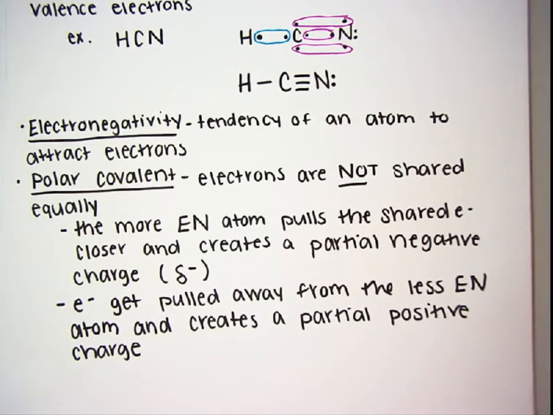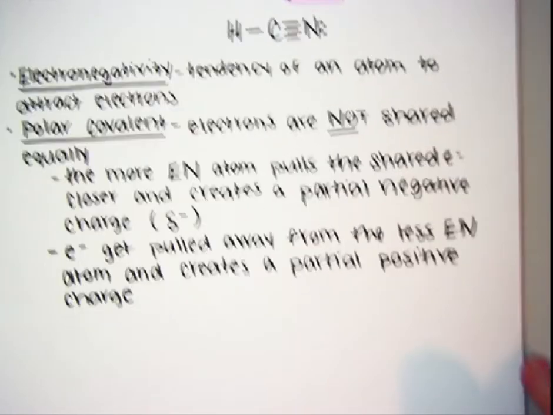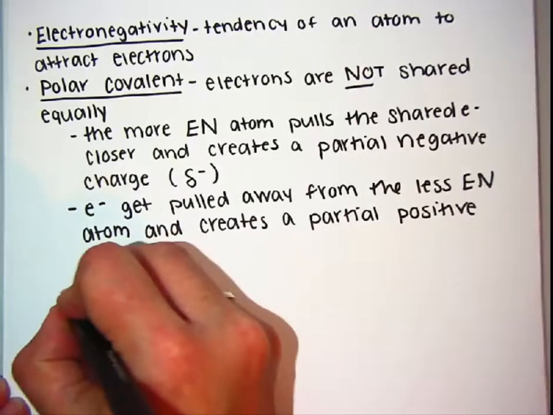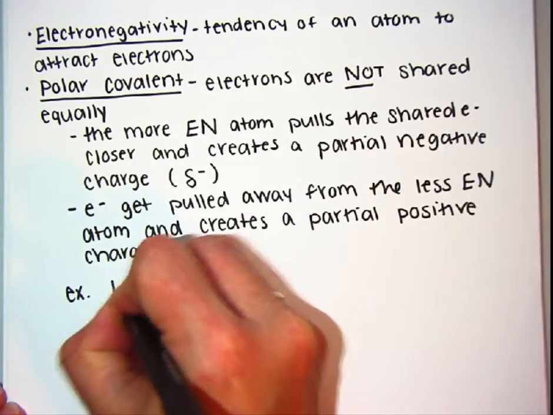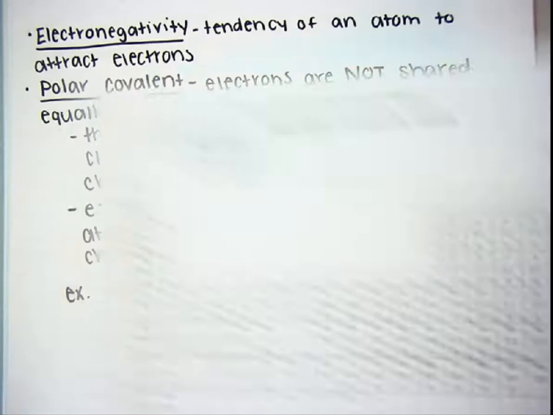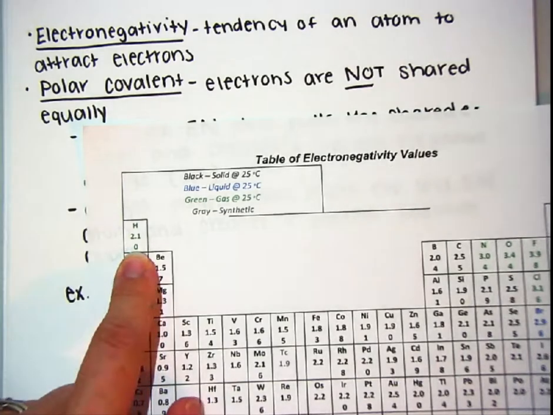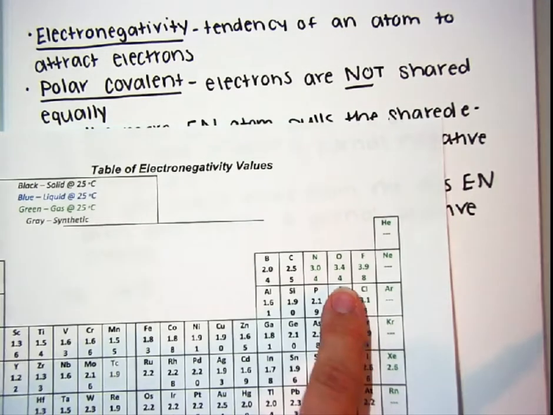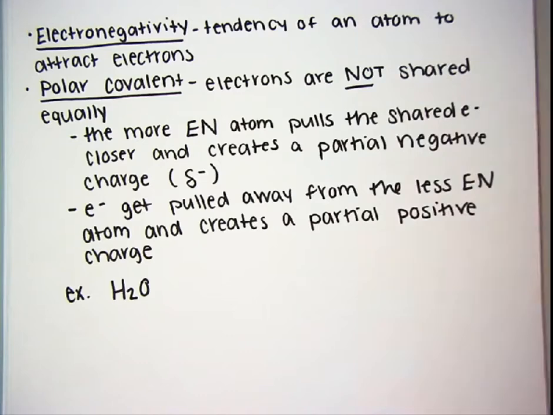A good example of a covalent molecule that is polar covalent is going to be water. So we can look up the electronegativity values of hydrogen and oxygen. Hydrogen 2.10, oxygen 3.44.